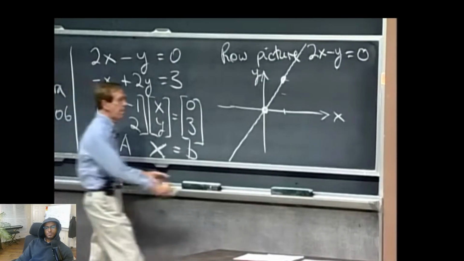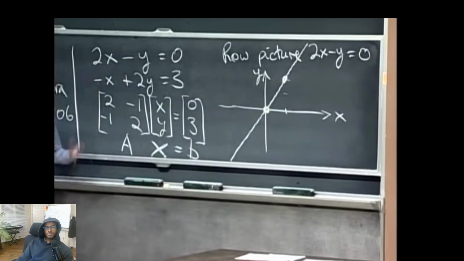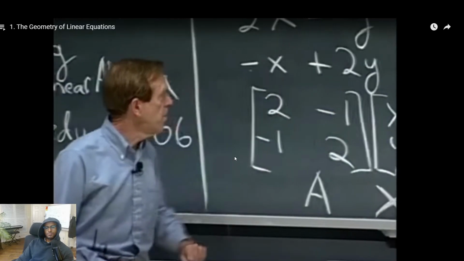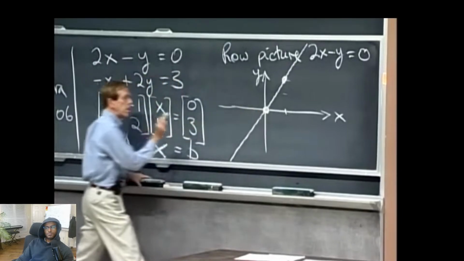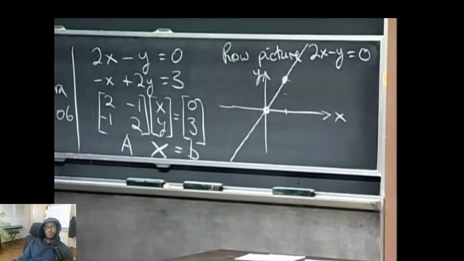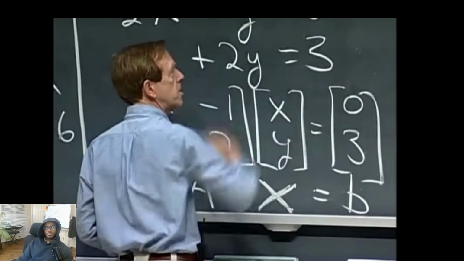So typically maybe x equal a half, y equal 1 will work. And sure enough, it does. Okay, that's the first one. Now the second one is not going to go through the origin. It's always important: do we go through the origin or not? In the first case, yes, because there's a 0 over there.